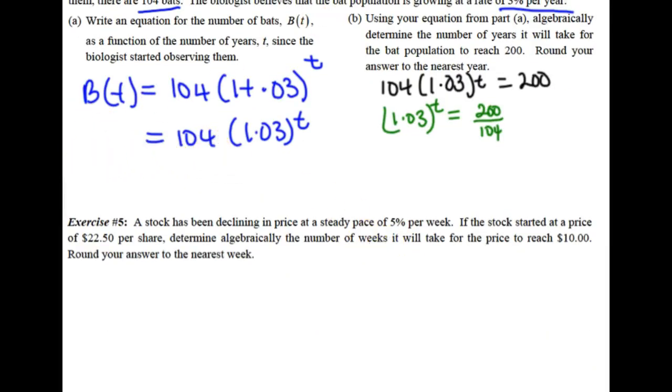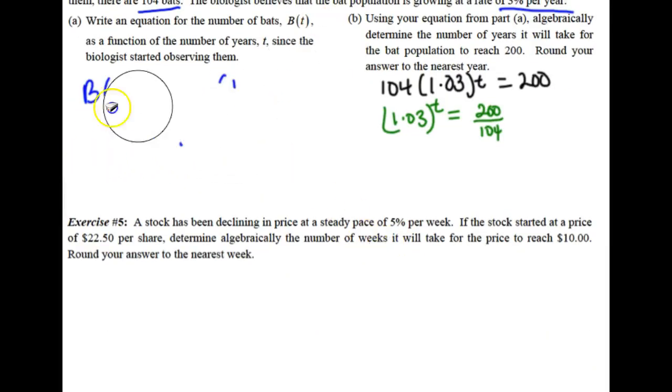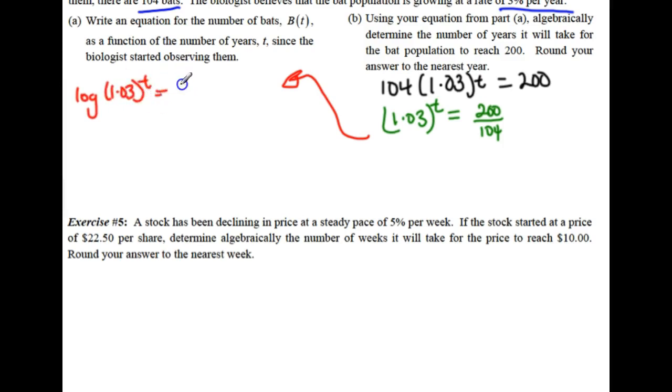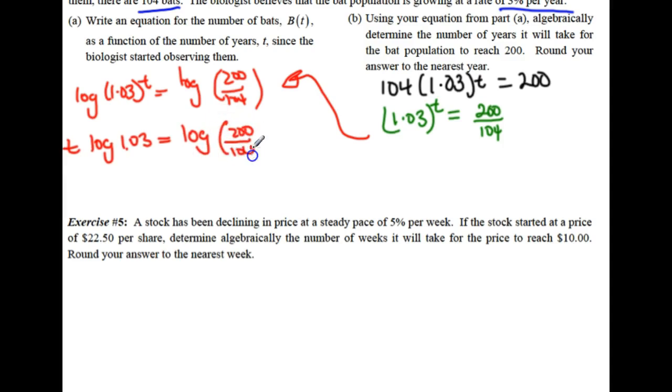Because I need some space, I'm going to take this out and I'm going to write on this side. So I'm going to just draw an arrow. Now, how do I do this? Remember, this becomes the log of 1.03 to the t is equal to the log of 200 over 104. Using the power rule, I have t log of 1.03 is equal to the log of 200 over 104.